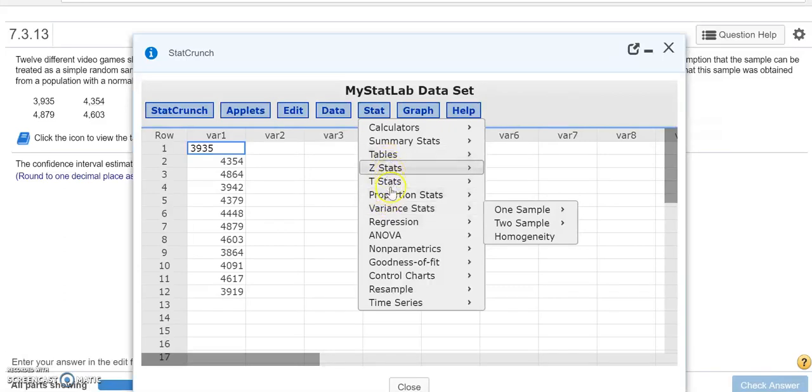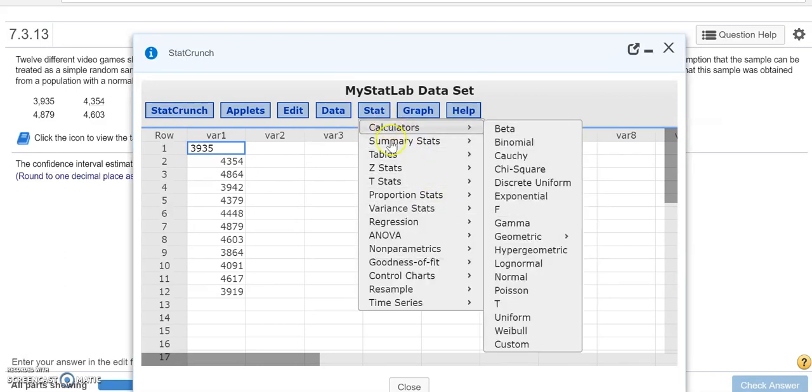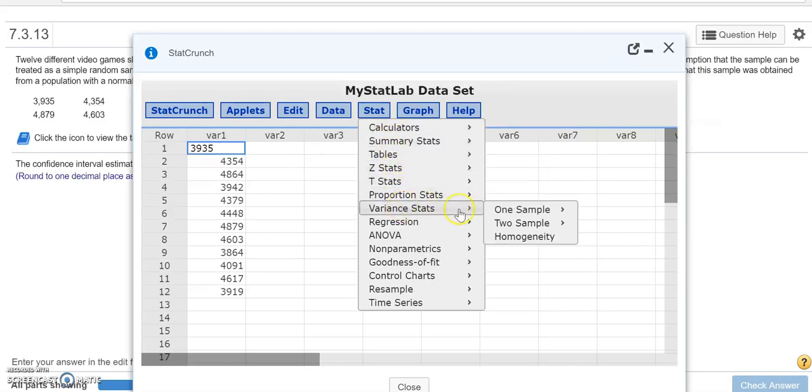So you won't see standard deviation in here, but the standard deviation comes from the variance, so we can get it using this. In this case we had one sample, and we're going to choose with data because we were given raw data, not summary statistics. So Stat, Variance Stats, One Sample, With Data.